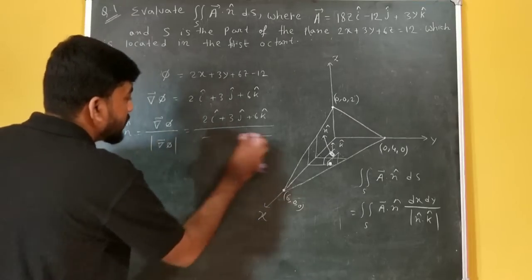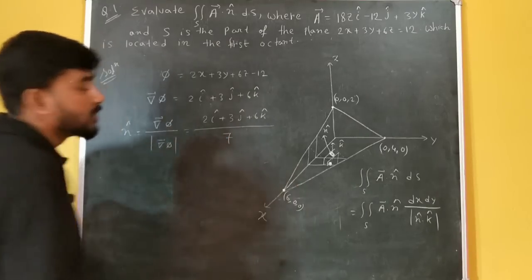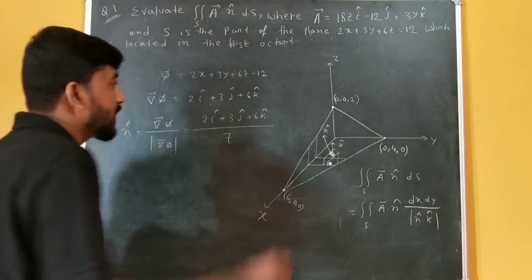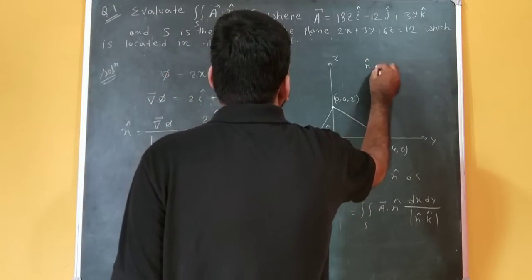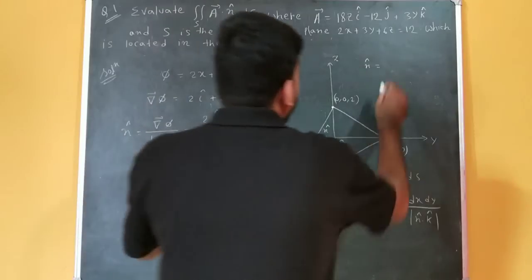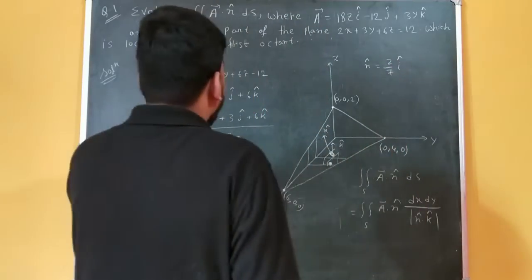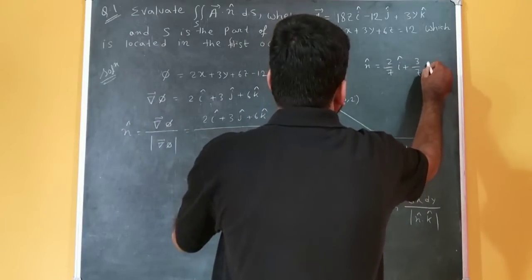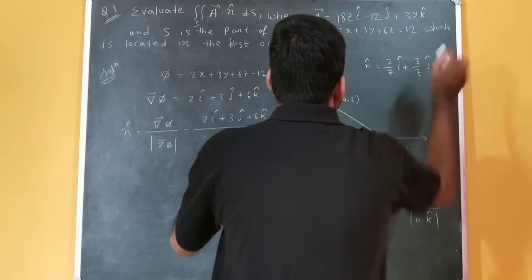So we can write 7 here. Okay, so we have got n cap. Let me write it again: our n cap is 2 by 7 i cap plus 3 by 7 j cap plus 6 by 7 k cap.